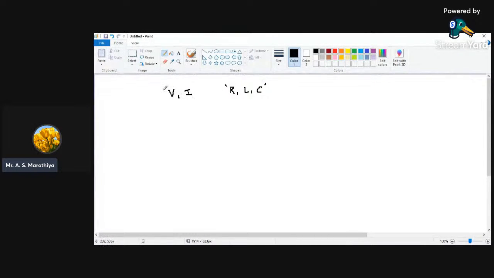Now suppose you have a pure resistor like this, let me indicate it over here. Suppose you have a resistor of value capital R, where capital R indicates its ohmic value, that is nothing but the resistance of this resistor, and through this resistor you pass an alternating current, small i, and let us consider that the magnitude of that i is given by the formula i equals I max sine of omega t.